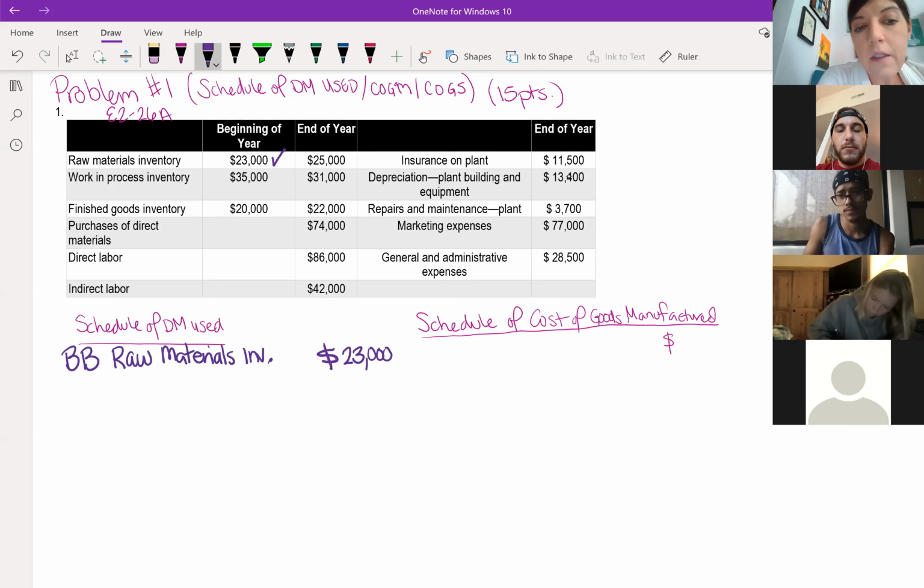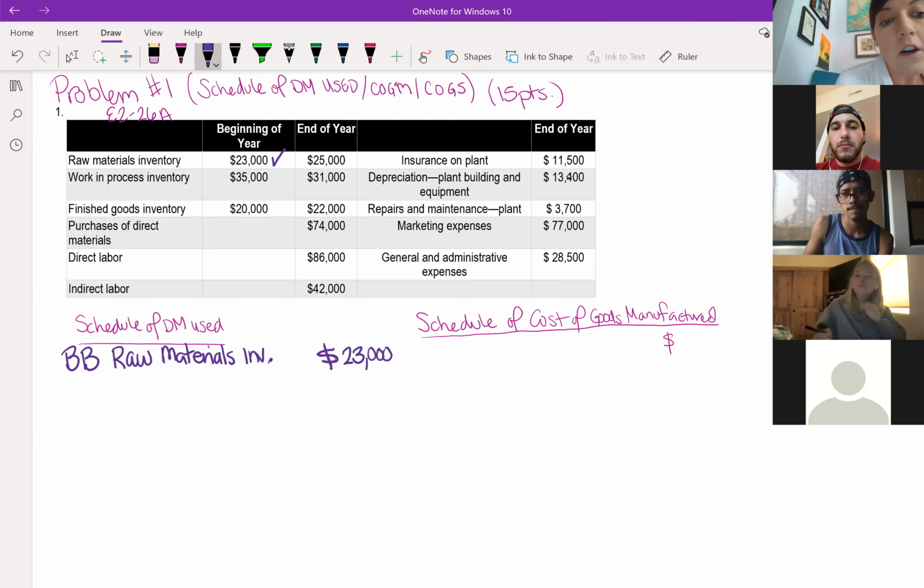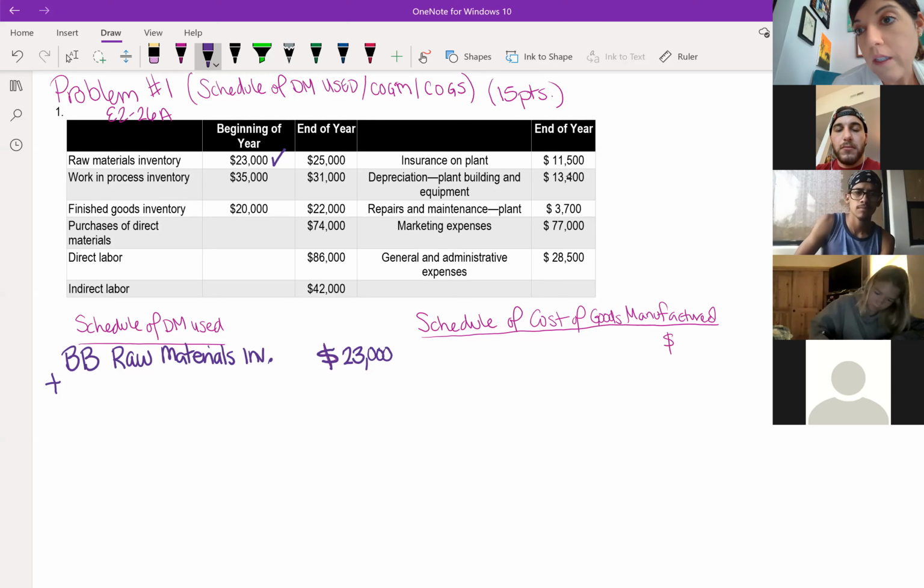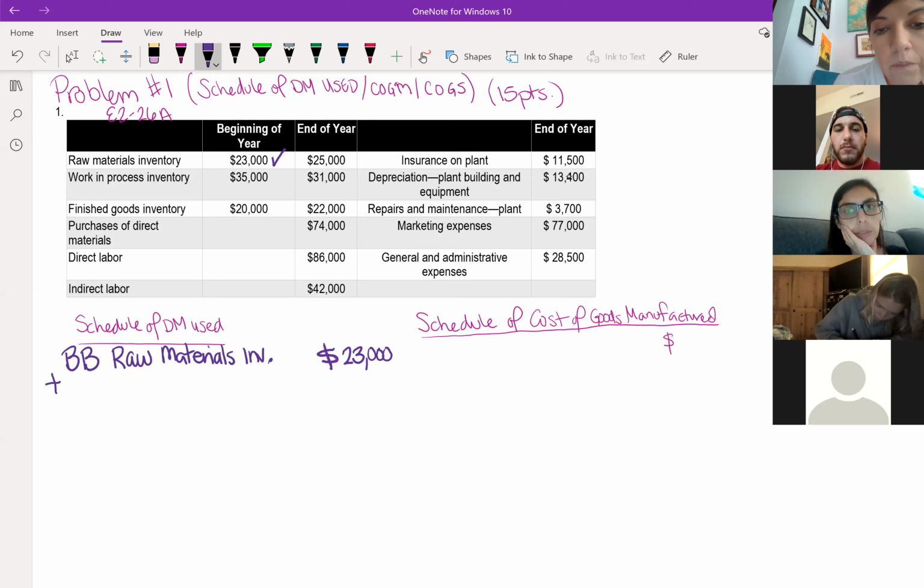The whole purpose of this schedule of direct materials used is to figure out how much direct materials they actually used during the period. So that credit to raw materials. So we're going to add in what? What gets added to or debited to that raw materials inventory account? Purchase of direct materials.